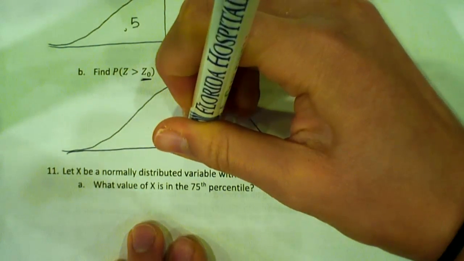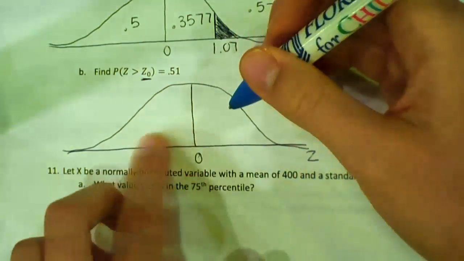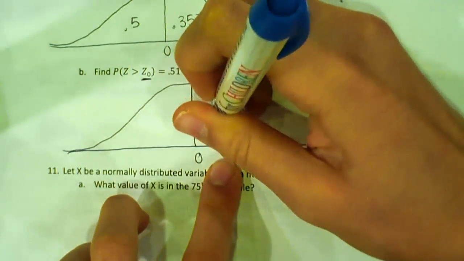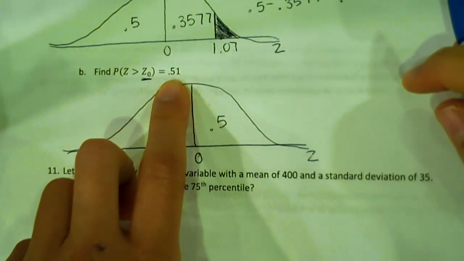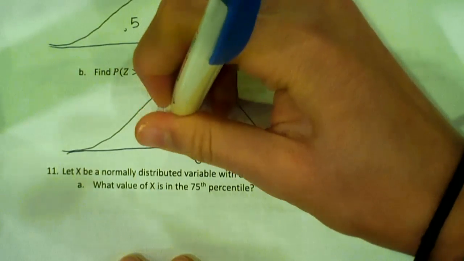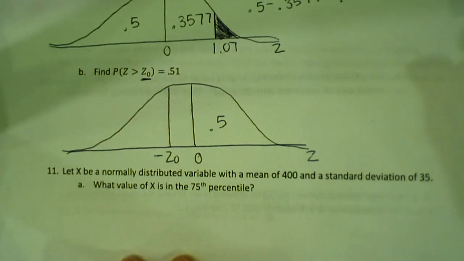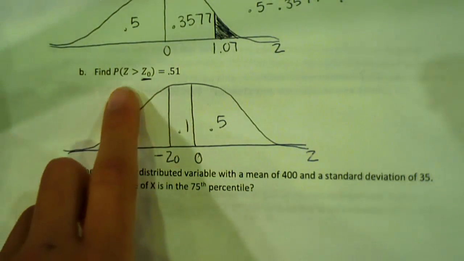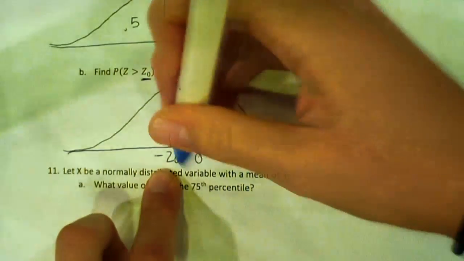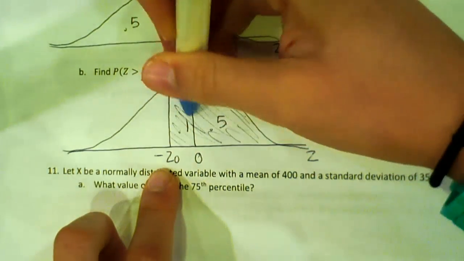So like I said before, this splits it half and half, and our probability is 0.51, we know that our z naught is going to be negative. Does that make sense? Because everything greater than this, we're looking at all of this area right here.